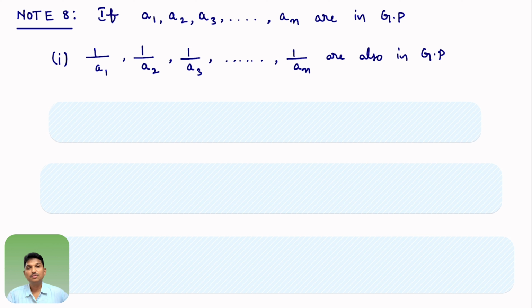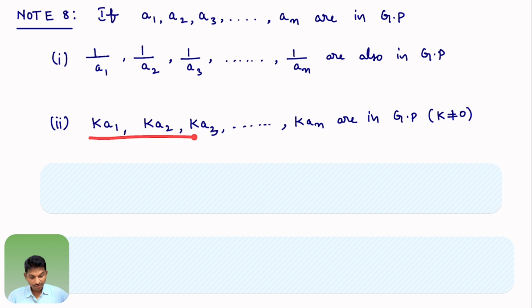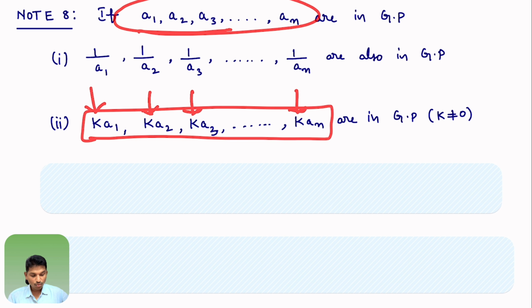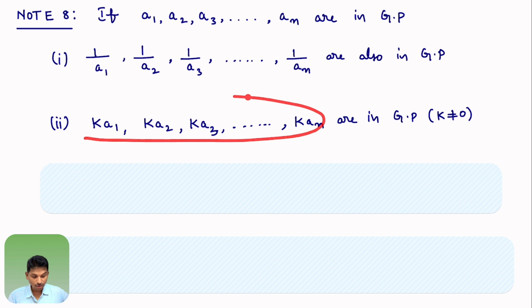While solving the problems, I'll do problems related to this. Not only that, if A1, A2, A3 and so on, An are in geometric progression, if all these terms are multiplied by a non-zero real number k, whatever you get also forms a geometric progression.